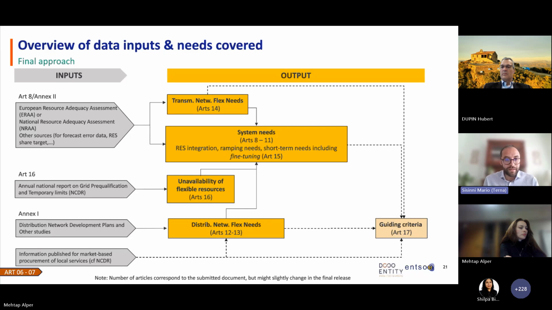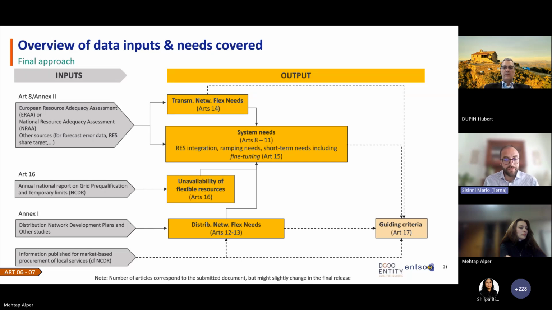You see that we are analyzing these transmission, distribution, and also system needs individually, but there are also arrows between them, because some of the arrows coming from the distribution network flexibility needs and transmission network flexibility needs are then input again to the system needs, with what we called in an article a fine-tuning of system needs.